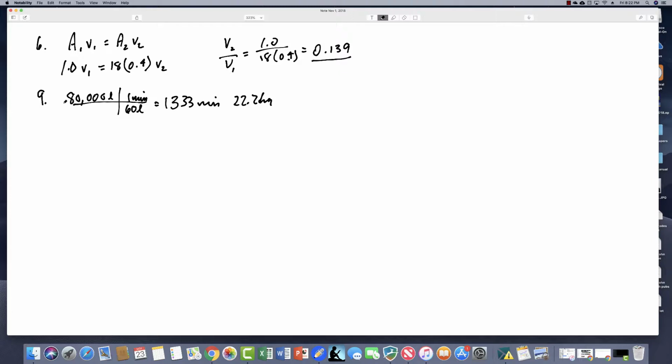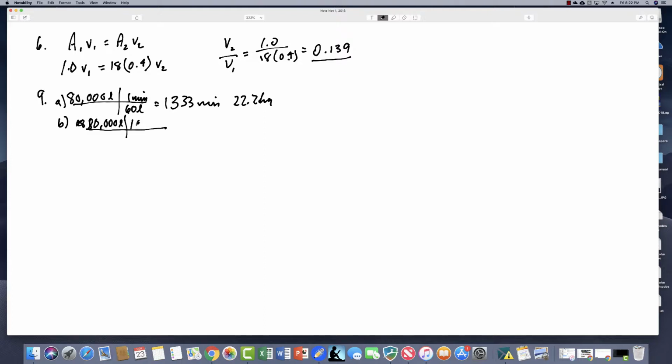Now that's part A. Part B says if you have the same pool and it's being filled by diverting a moderate-sized river which flows at 5,000 cubic meters per second, well, the second one you have to work out. You have 80,000 liters, and now you're going to fill it up.